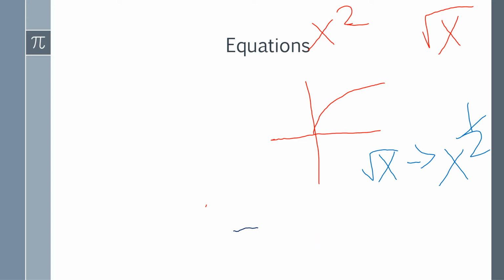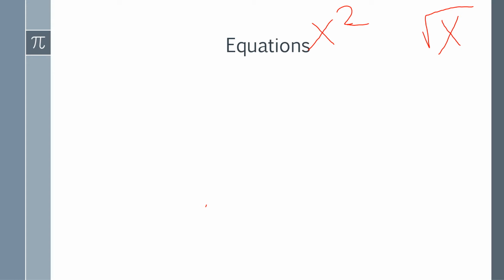So let's go ahead and do it. One of the things that we learned how to do is this. We put it in the standard form of a quadratic. So you know for a fact you need two numbers that when you multiply them together give you 6, but when you add them together give you 5.